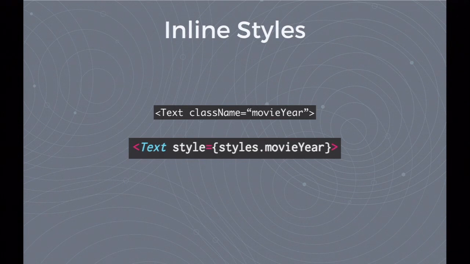And the next thing, which is a lot more fundamental, is look at movie year. This is a string. And why would we want to use a string? This string has to be a reference to something in the CSS, and it's a global, and it's there because we were separating technologies, JavaScript and CSS.